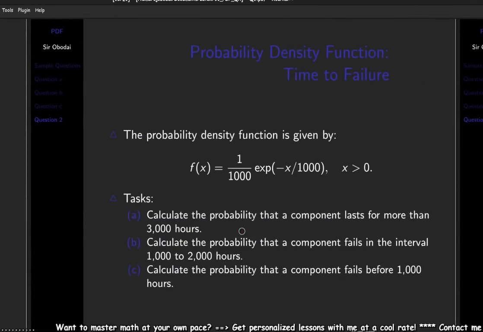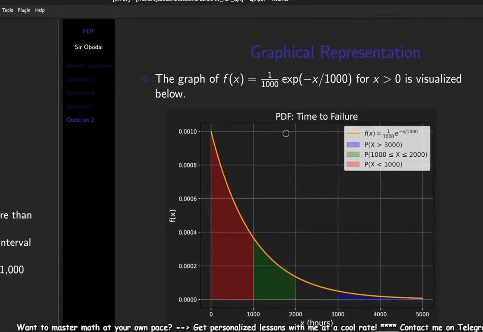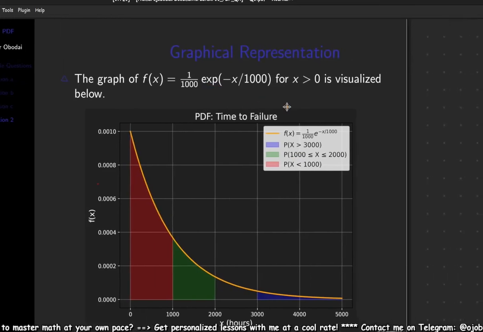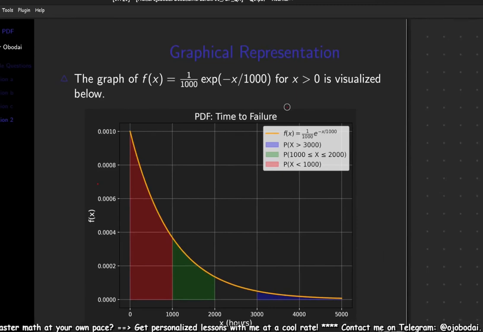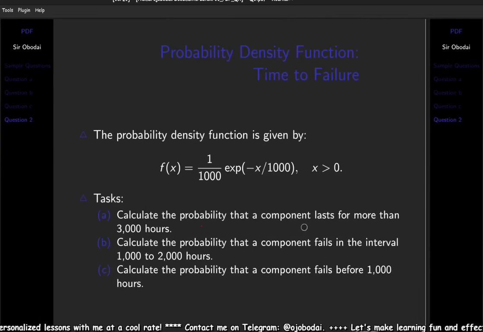Now, it is important to know that this is an exponential function. If you have a mental picture of how that kind of function looks, it really helps in solving. This is how the function in the question looks. For the first part, we are to calculate the probability that the component lasts for more than 3,000 hours.